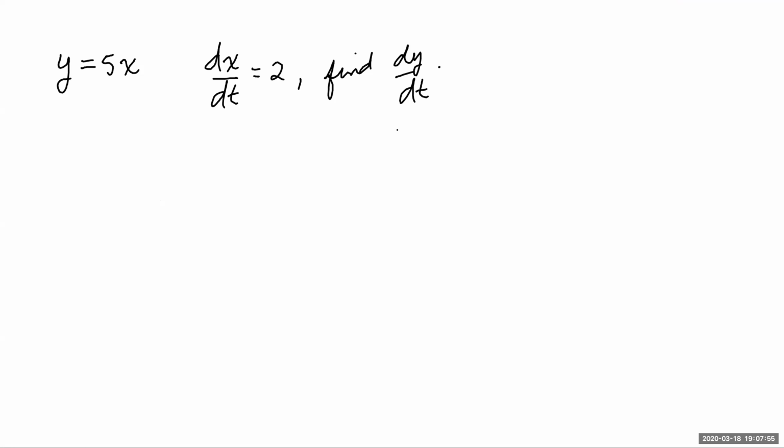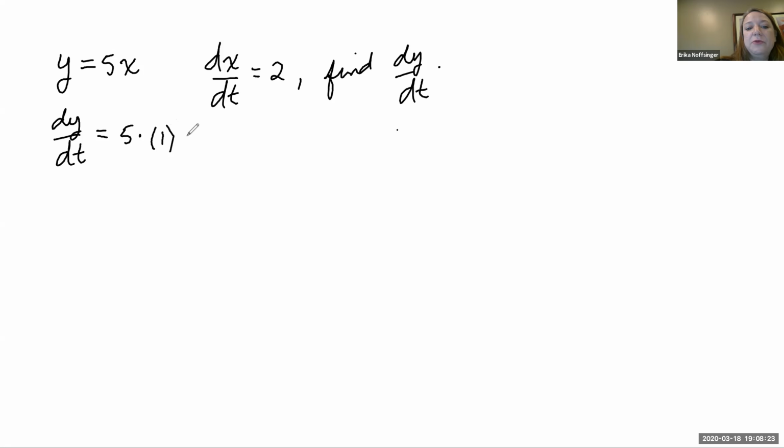So the derivative of y is 1, but it's implicit differentiation, so we get dy/dt. This is equal to 5 times the derivative of x. The derivative of x is 1, but this is a function again of t, so we have to rewrite it as dx/dt.